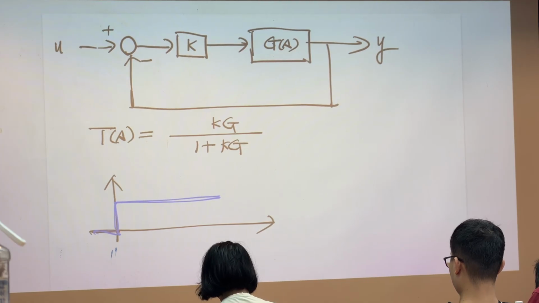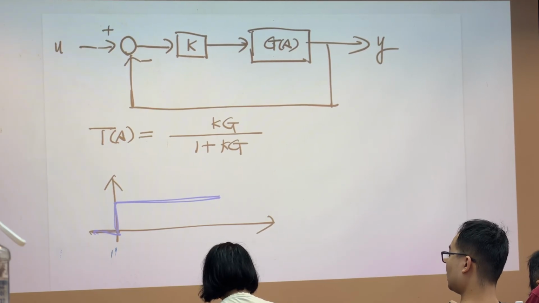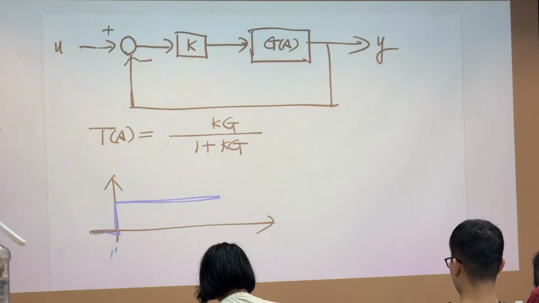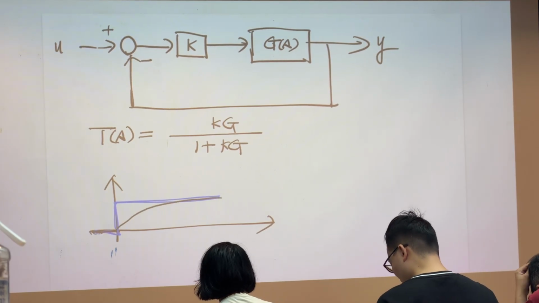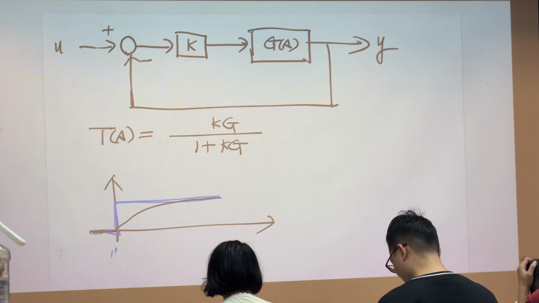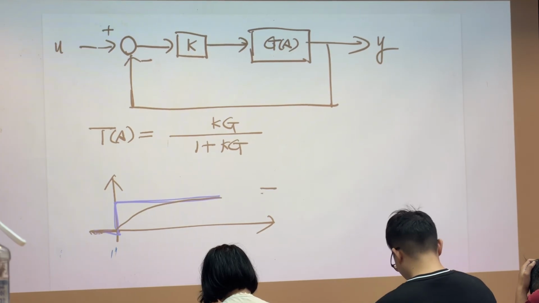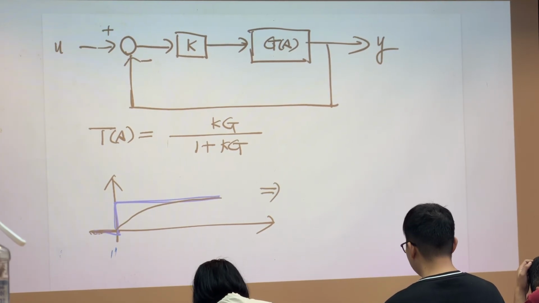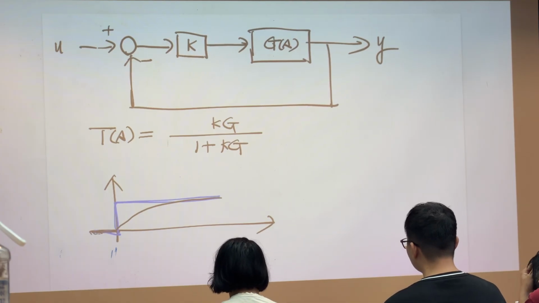But it will not. G(S), if it is a first order or second order system, usually will move very slowly like this. Right? Something like this. But now with feedback control and with a K gain, we actually can have a faster response. Okay, let me just use this chart. Same thing.